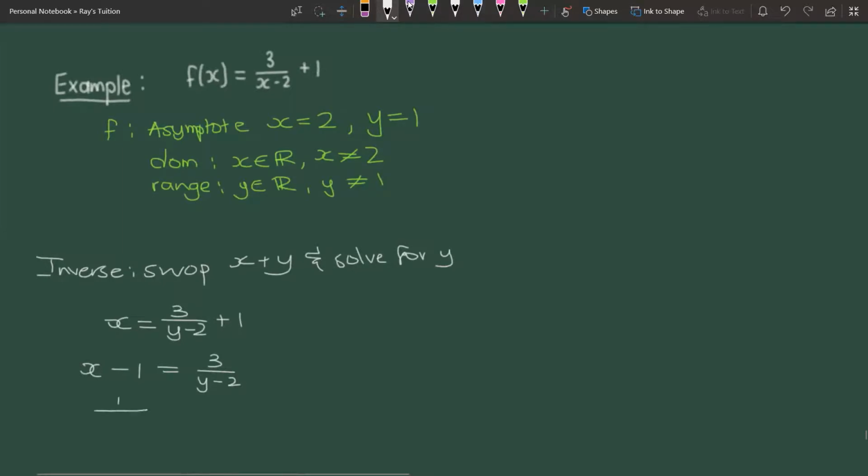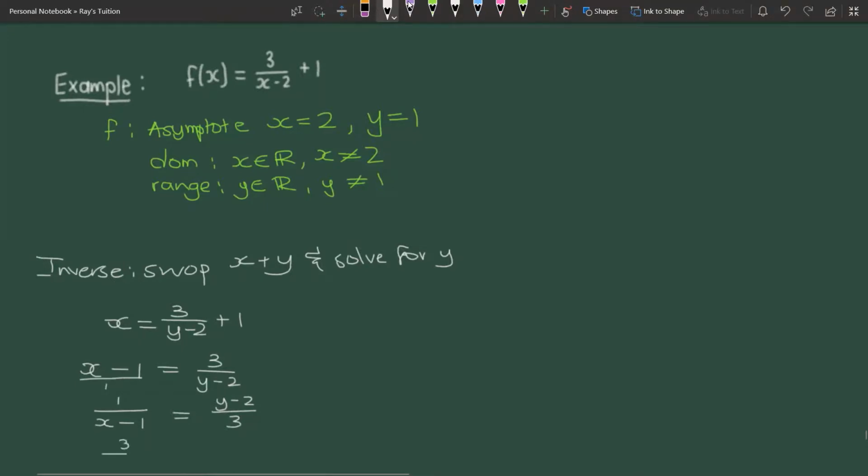So this becomes 1 over (x minus 1) is equal to (y minus 2) over 3. So I tipped over both fractions. Remember, anything you can write over 1, so x minus 1 you can write as (x minus 1) over 1, and then that fraction I tipped over, and this fraction I tipped over. Then I'm going to multiply both sides by 3.